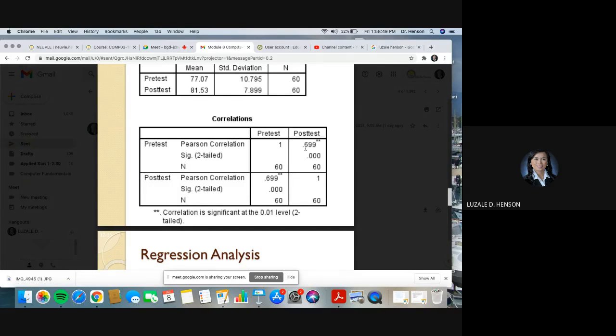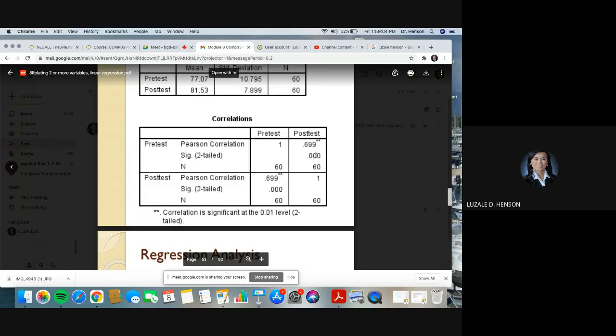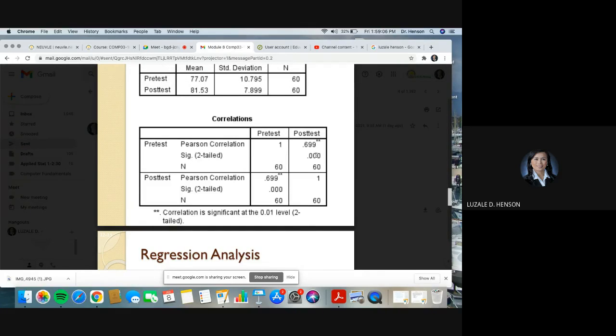If there is a double asterisk there, it means it is significant, meaning its p-value is less than 0.05. So as you can see, this is the R, and this is the p-value. The p-value is 0.000, which is actually not really zero but very, very small.